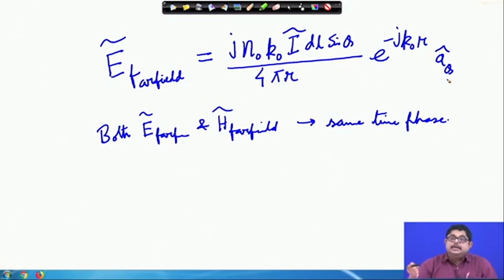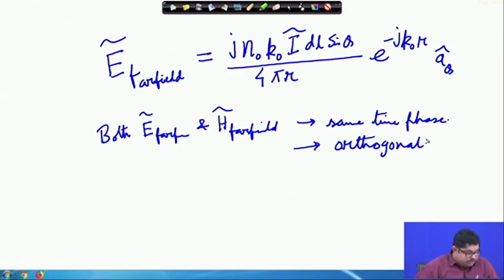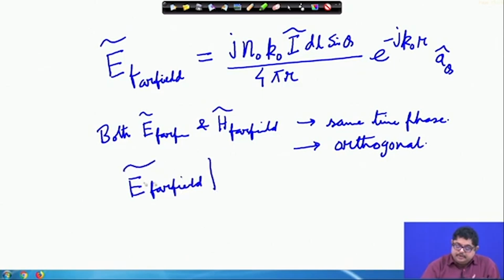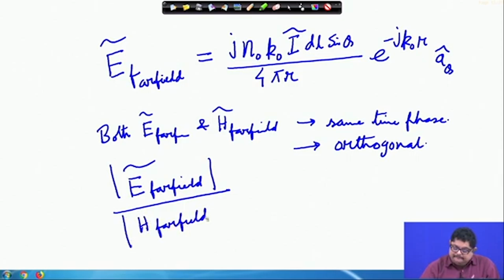H far field is phi directed. So, that means they are orthogonal to each other. These two far fields are orthogonal to each other. And what is the ratio of these far fields? E far field, its magnitude by H far field, its magnitude.